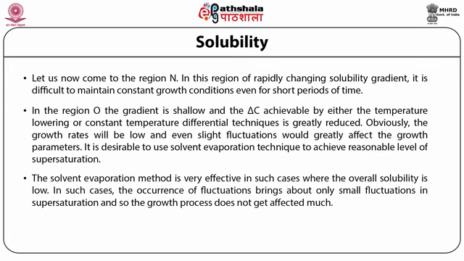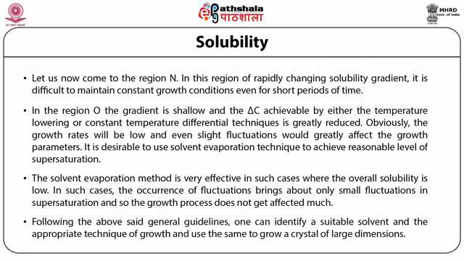The solvent evaporation method is very effective in such cases where the overall solubility is low. In such cases, the occurrence of fluctuations brings about only small fluctuations in supersaturation, and so the growth process does not get affected much.